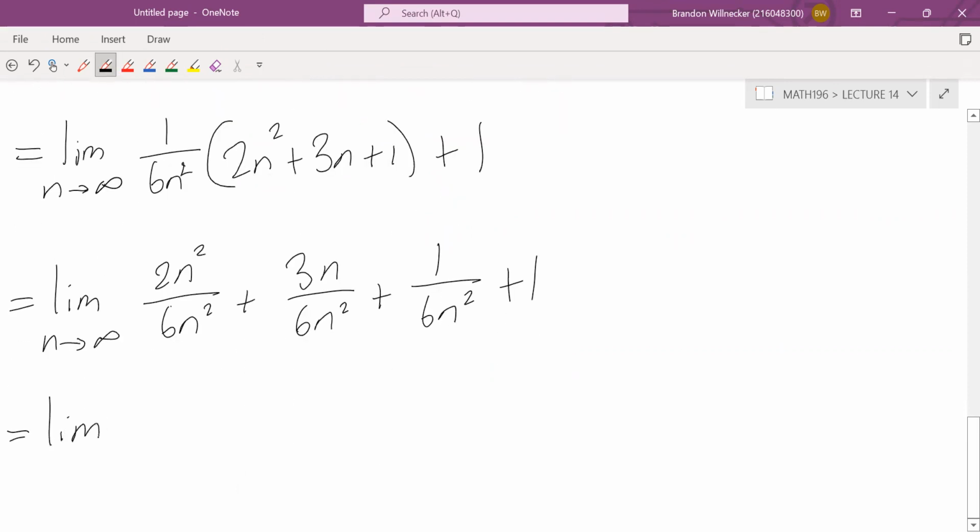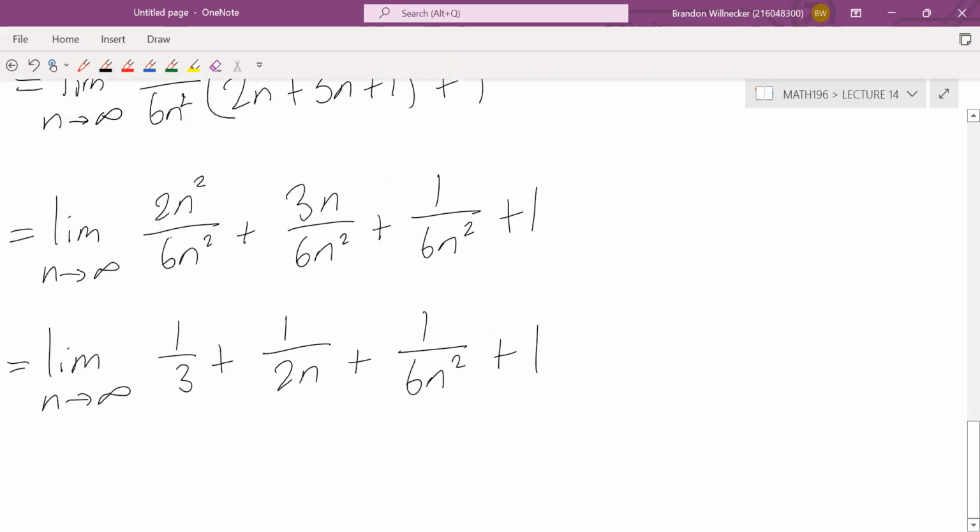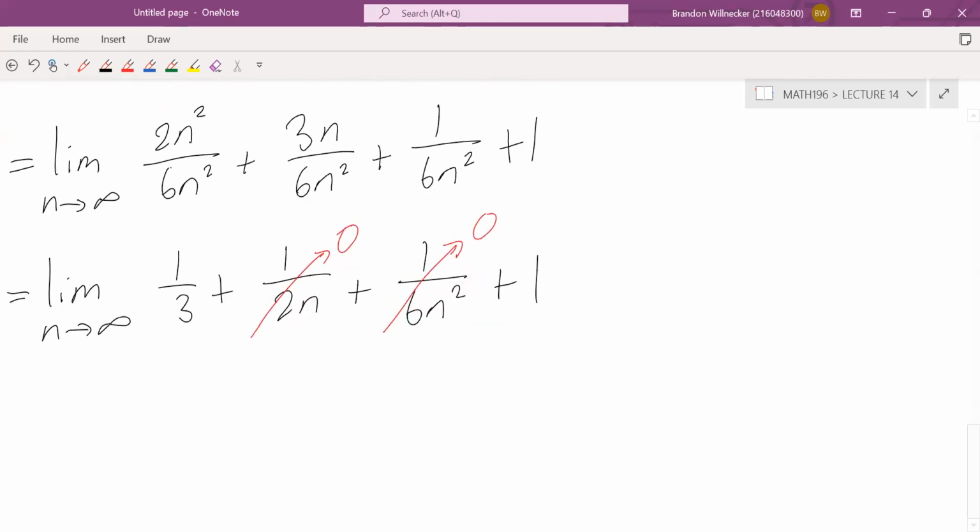So this is going to be the limit as n goes to infinity of 1/3 plus 1 over 2n plus 1 over 6n squared plus 1. Now again, all the terms with n in the bottom are going to go to 0. So we are left with 1 plus 1/3, or 4 over 3.